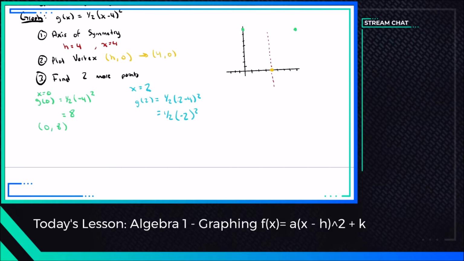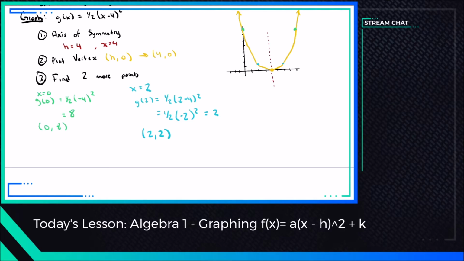Negative 2 squared is a positive 4, and 1/2 of 4 is equal to a regular 2. So we have another point at 2 comma 2. And we can mirror that over there. So now we can connect these points like so. There we go.